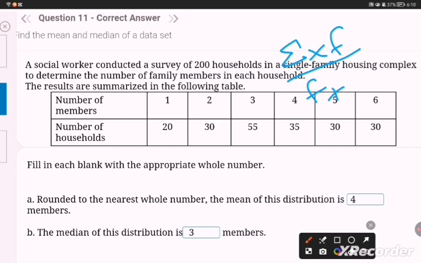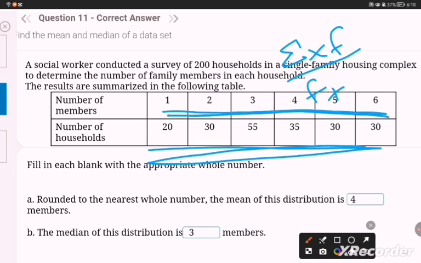Okay, so now simply what you're gonna do is, so these are your frequencies, these are your summations of x. So you're just gonna do 1 times 20 plus 2 times 30 plus 3 times 55 plus 4 times 35 plus 5 times 30 plus 6 times 30 over 200.